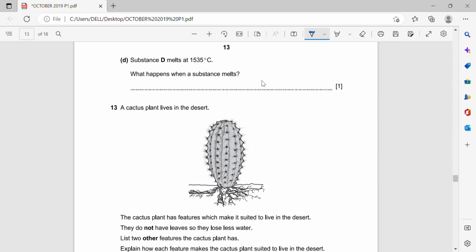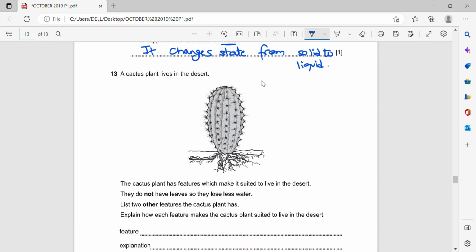So in other words, what is meant by melting? It changes state from solid to liquid. So we have finished the question about properties and changes of state.